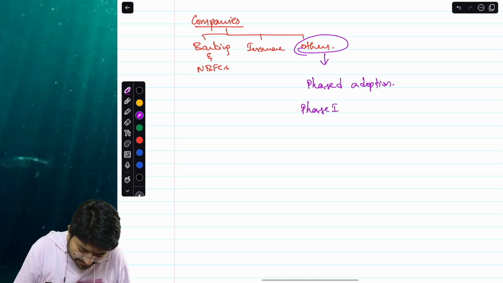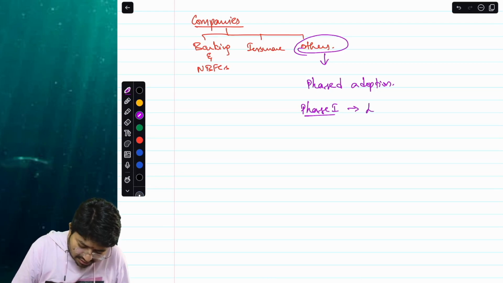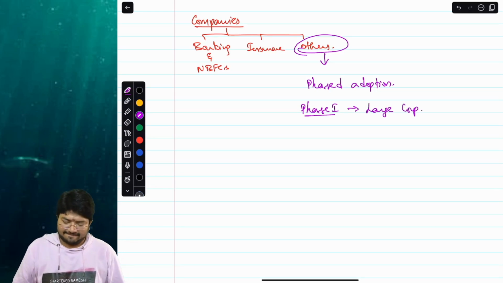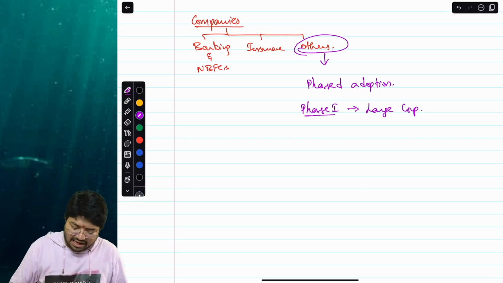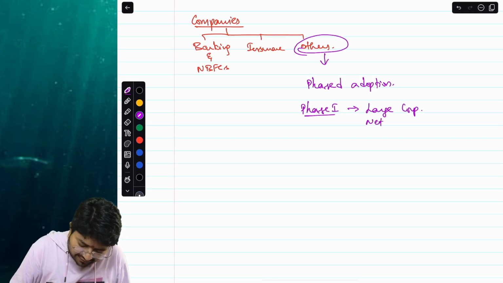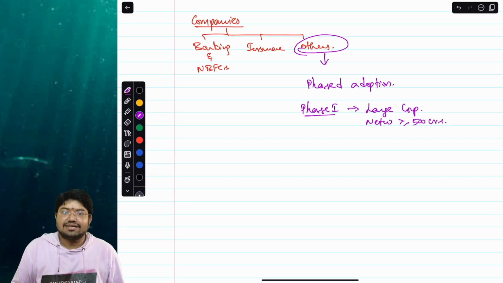Phase 1 is for large corporates. When I say large corporate, I mean that if the net worth is greater than or equal to 500 crores, I call it a large corporate.